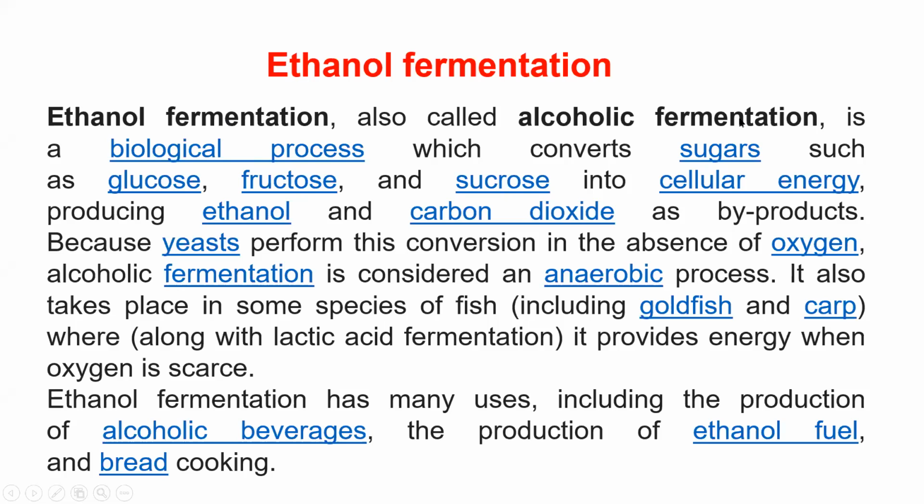It is a biological process which converts sugars such as glucose, fructose, and sucrose. When it is metabolizing these sugar molecules in the cell, you know that glycolysis takes place.